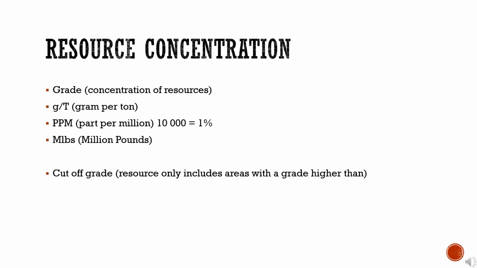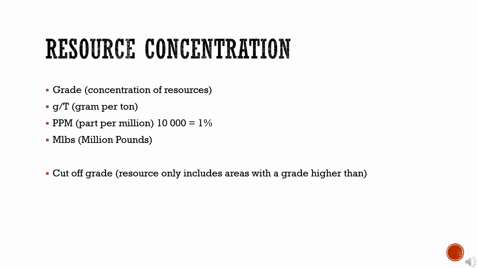Some more terms that have to do with the density of the resource are grade, which is literally the concentration of the resource, G-T, which stands for grams per ton, or alternatively ppm, which stands for parts per million. Note that 10,000 ppm is 1%.